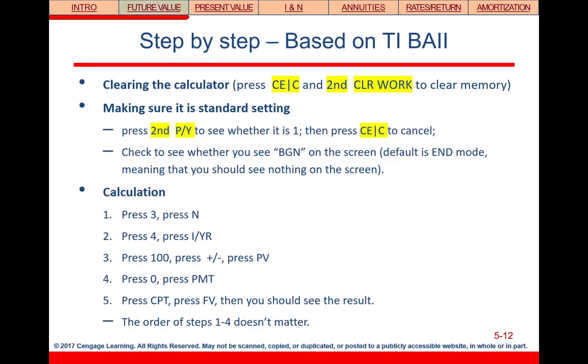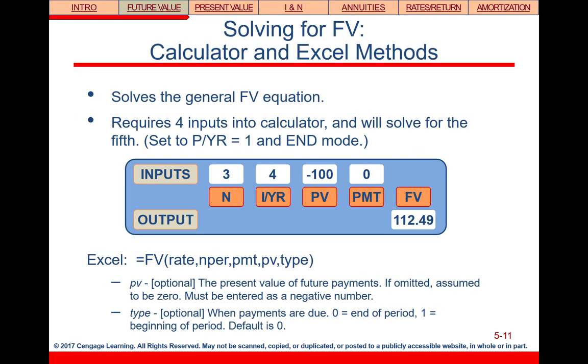So in this case, if you don't press the negative sign, you just put in $100, what will you get for the future value? You can try it out to see whether you get that answer, but what you will get is not $112.49, you'll get negative $112.49.